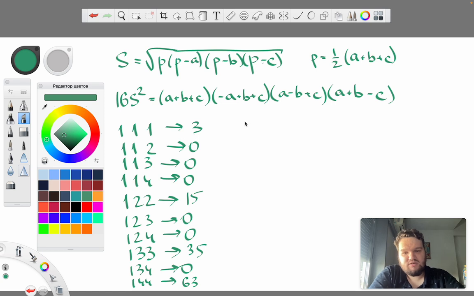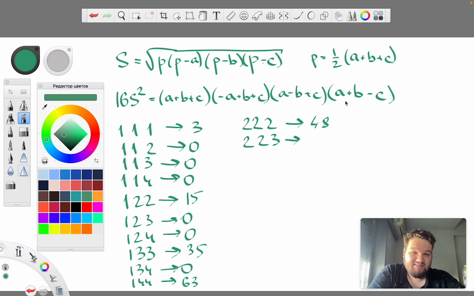All right. 2 2 2 is 6 times 2 times 2 times 2, so 48. 2 2 3 is 7 times 3 times 3 times 1.